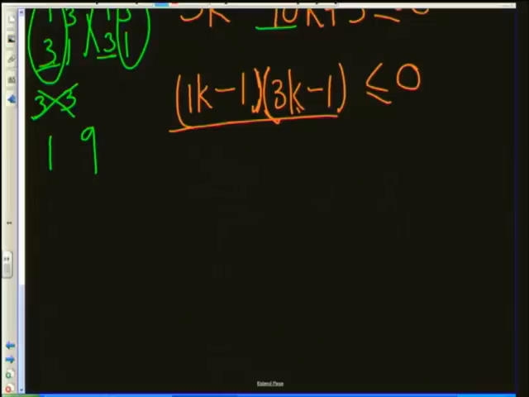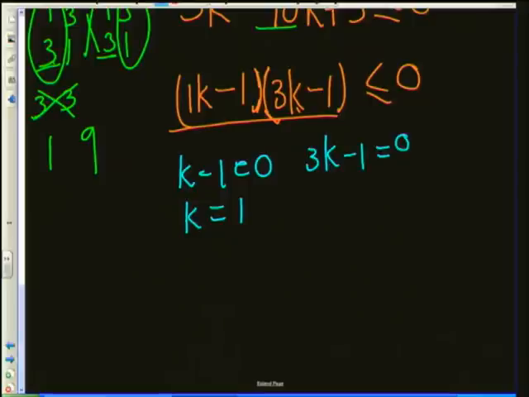Let's do this with a different color. So k minus 1 is equal to 0. Okay? So this means that k is equal to 1, and 3k minus 1 is equal to 0. Solving for k there will give you 3k is equal to 1, k is equal to 1 over 3.